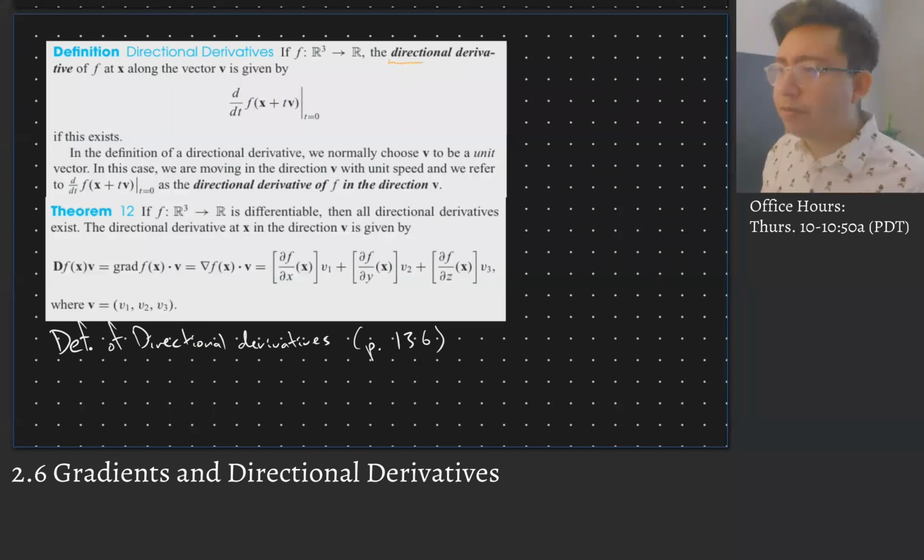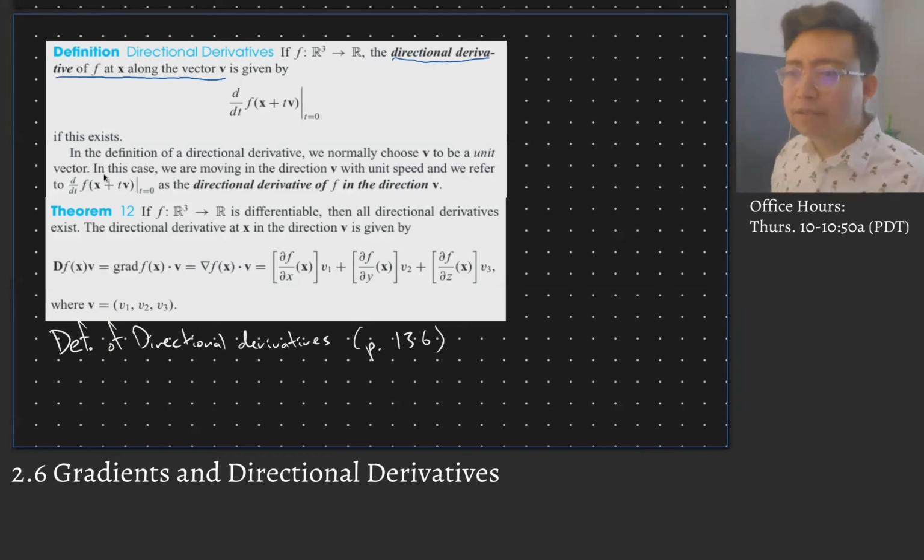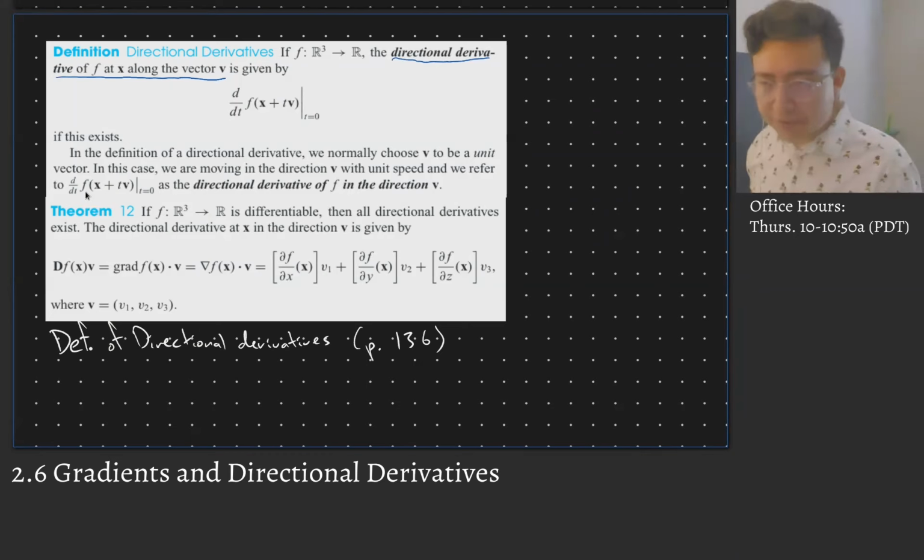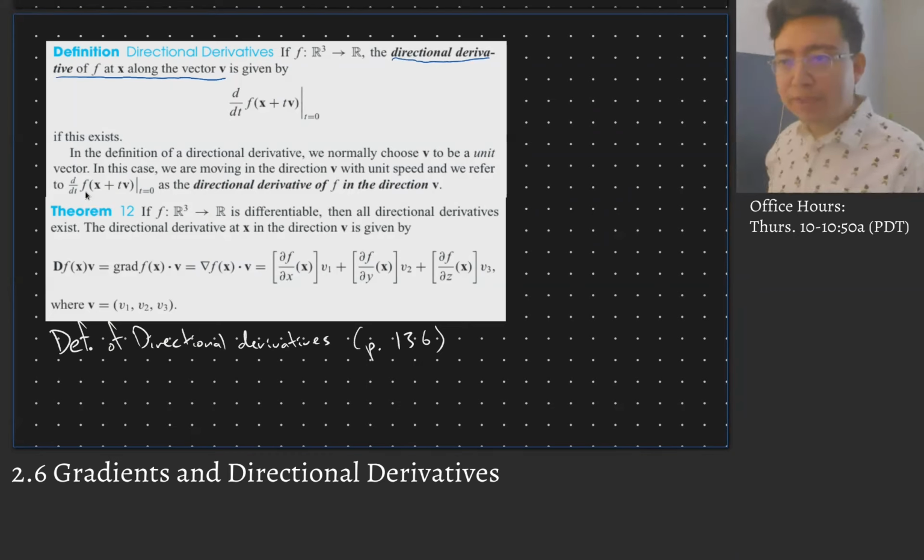The language they use is they call it the directional derivative of f at x along v. So you need a function, you need a point, and you need a direction. That's the vector v. And it's given by this derivative.